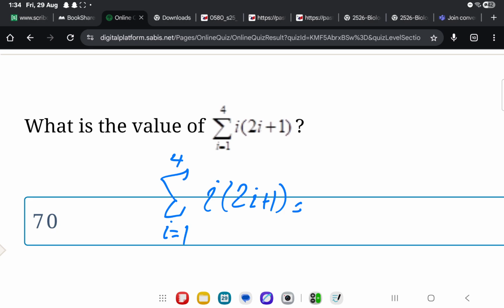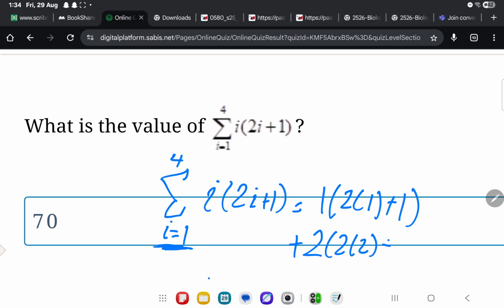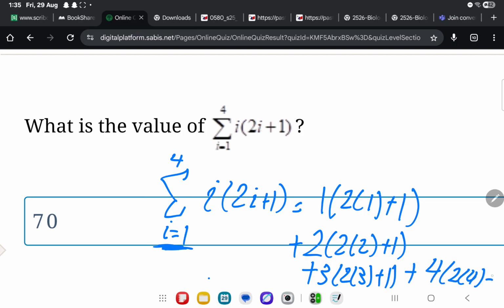So we're going to start substituting the first value of i that's given in the lower bound of our summation, and then just always increase i by 1. In this case, it's going to be 1 times 2 times 1 plus 1, plus 2 times 2 times 2 plus 1, plus 3 times 2 times 3 plus 1, and then plus 4 times 2 times 4 plus 1.